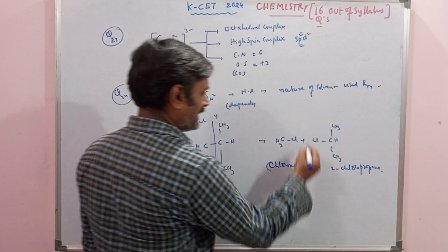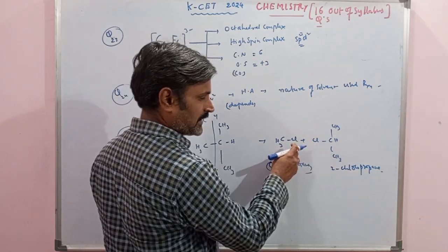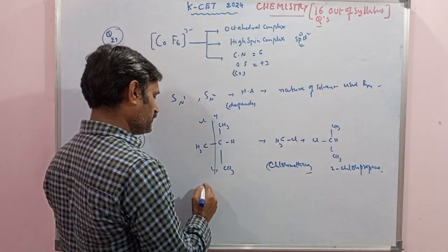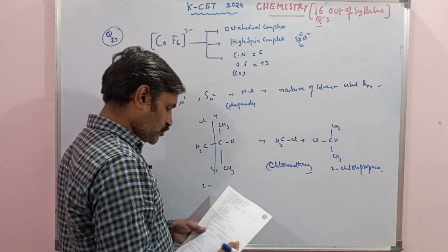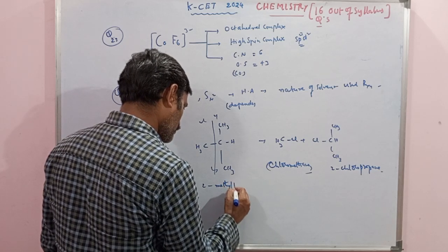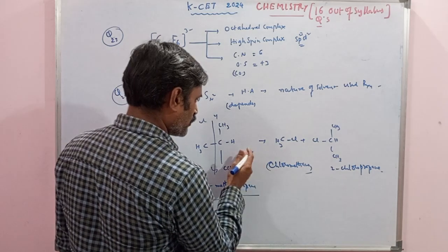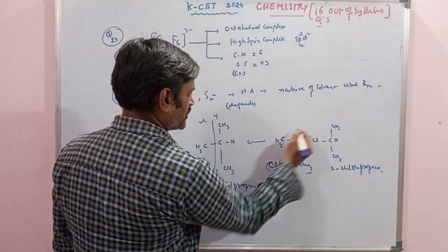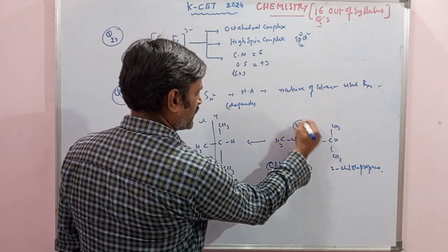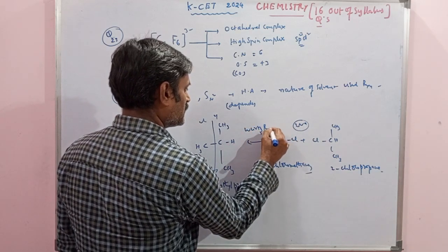If we take sodium metal with these two different alkyl halides, definitely we will get 2-methyl propane. 2-methyl propane is obtained in Wood's reaction when you take sodium metal.